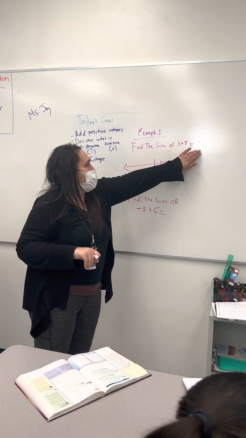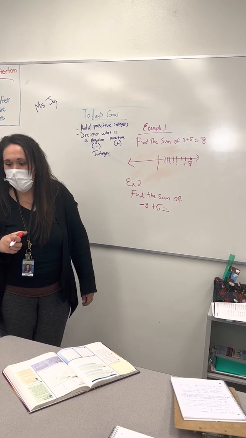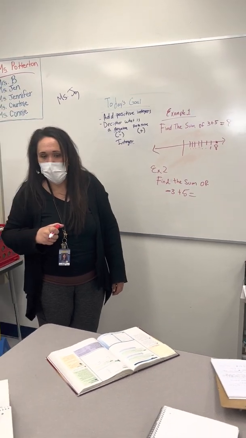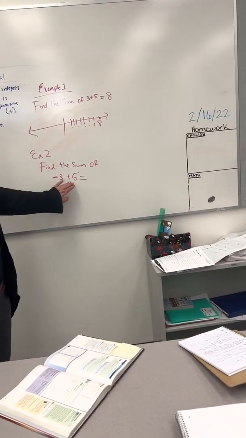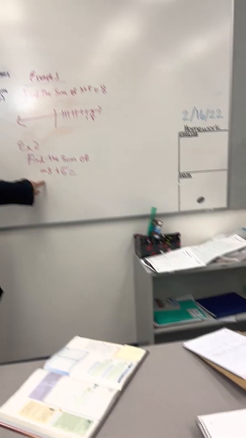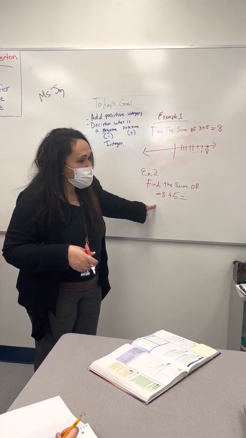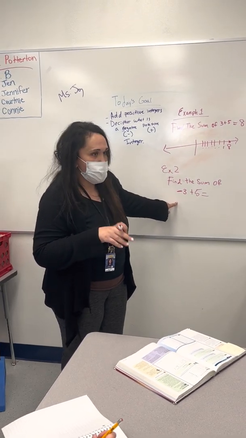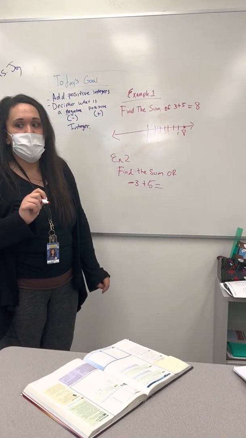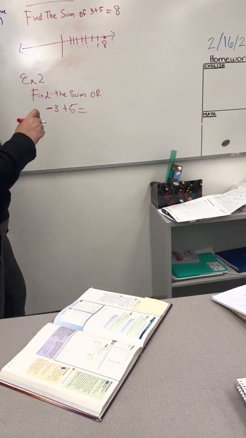If 3 plus 5 is 8, what's negative 3 plus 5? Even though it says sum, what do you have to do? You have to do the opposite. What's the opposite of addition? Minus. Good job, Keith. Anita, so negative 3 plus 5 is? So that would be 2. Very good.